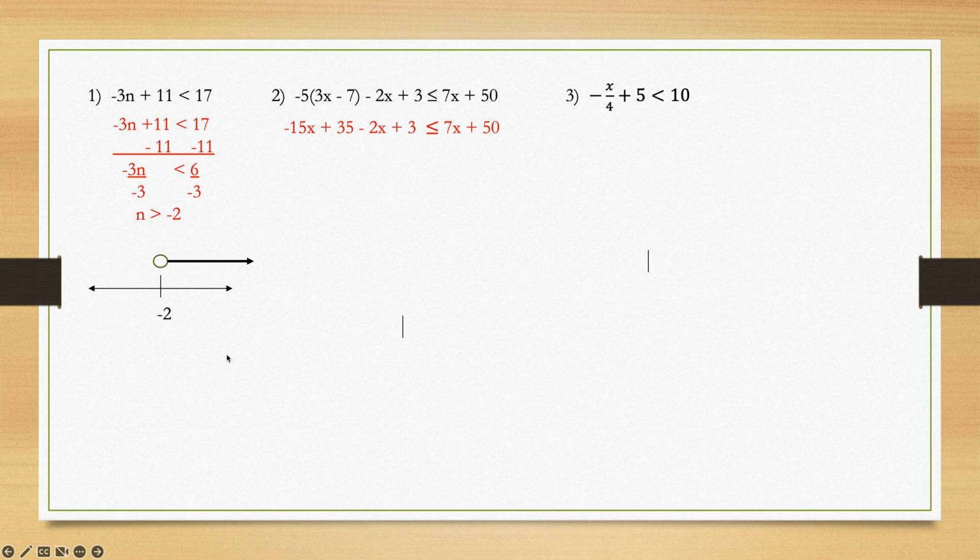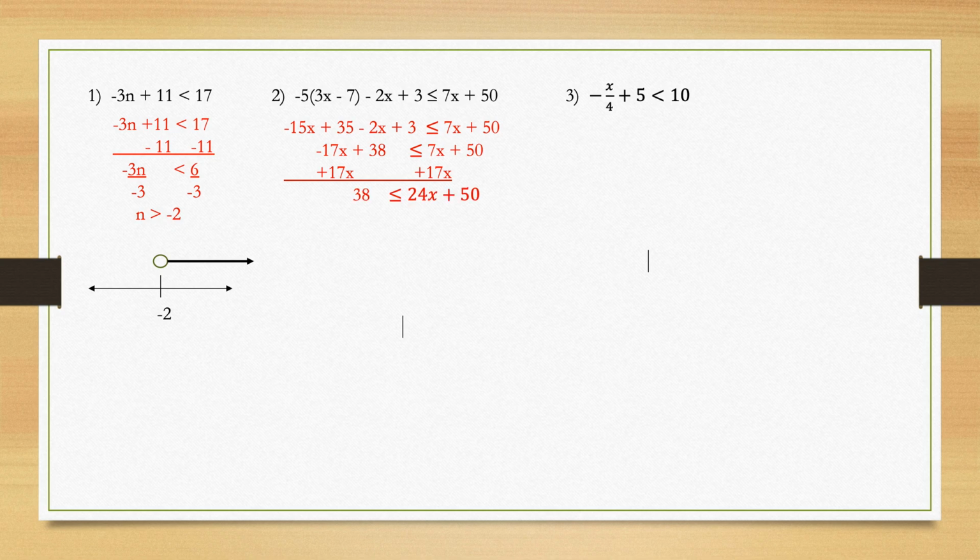Next one up. Distribute the negative 5. Negative 15x plus 35 minus 2x plus 3 is less than or equal to 7x plus 50. Combining like terms, negative 17x plus 38 is less than or equal to 7x plus 50. A few different ways we can go with this, but I would normally like to get rid of the smaller number of x's, so I'm going to add 17x to both sides.